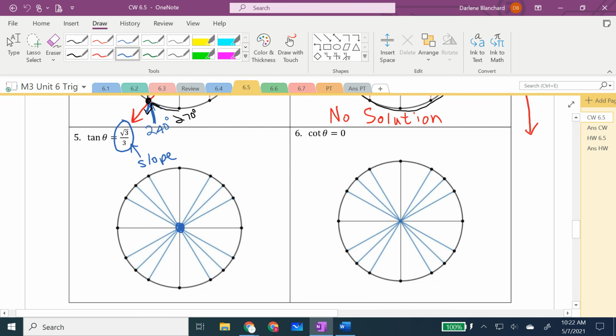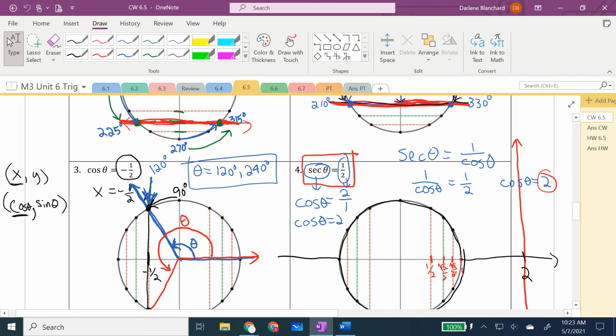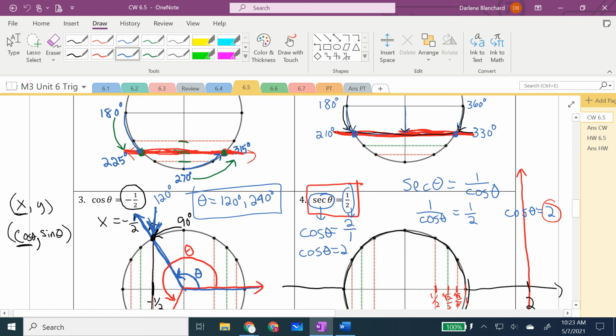You will always have an answer to tangent and to cotangent. They will always have answers. But I'm going to say again, when it comes to sine and cosine, as well as the reciprocal functions of those two, it is possible to get no solution.